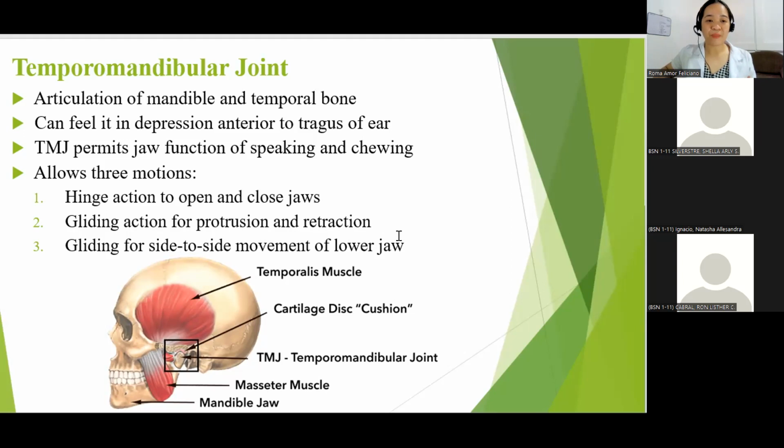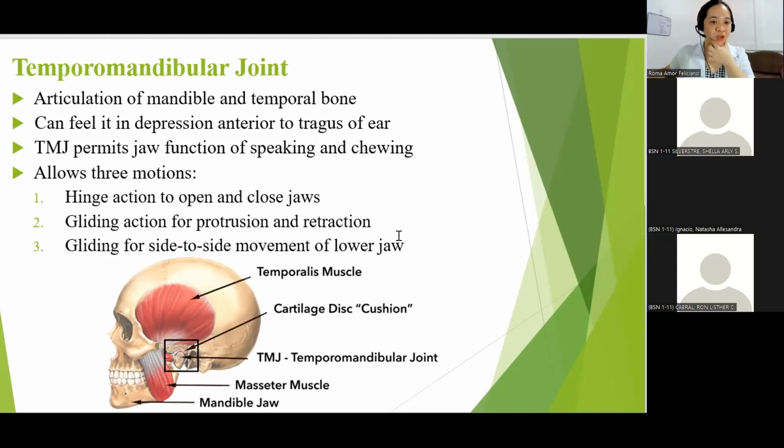Kaya mo siya. Minsan kapag ginalaw mo ang iyong bibig, minsan meron kang mararamdaman na parang slight na tunog, or yung iba kasi nagkakaroon ng condition na tinatawag na lockjaw, no? Dahil, for example, last time noon, kaya ako nagkaroon ng braces kasi sabi ng doktor, meron akong problema sa TMJ.